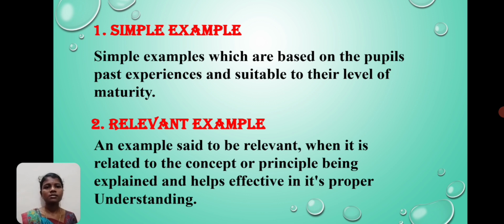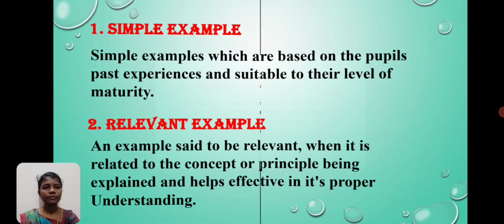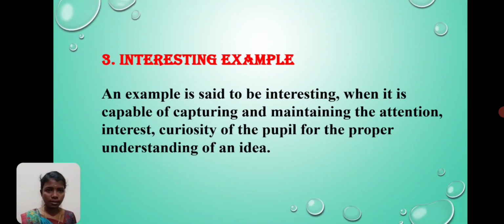The second one is relevant example. An example is said to be relevant when it is related to the concept or principle being explained and helps in its proper understanding. The example given by the teacher should be relevant to the concept or principle which she taught. The next one is interesting example.